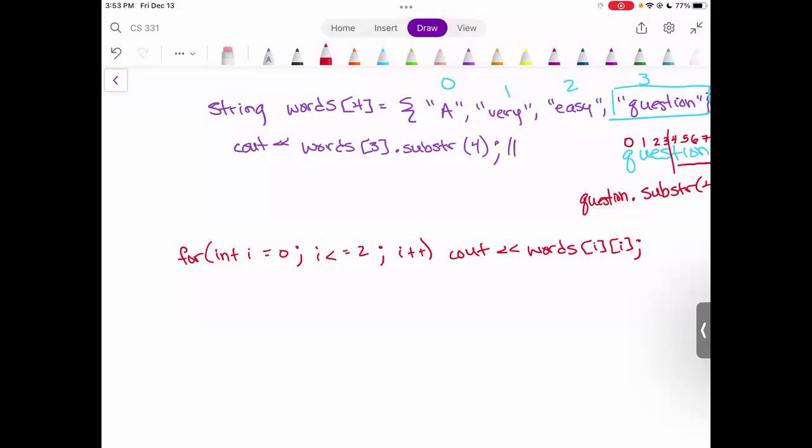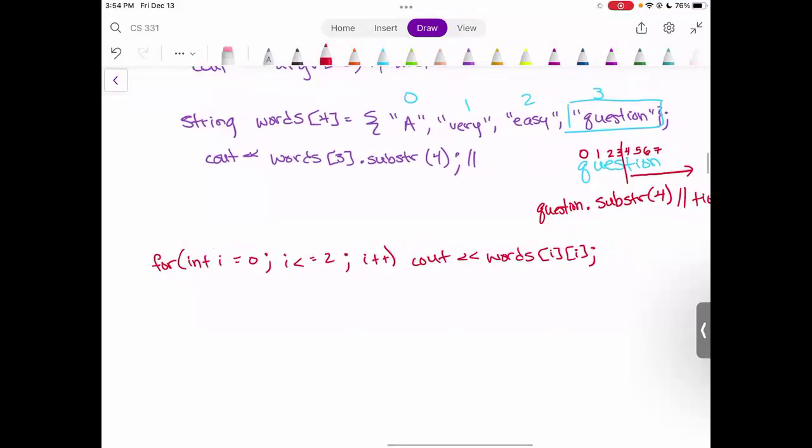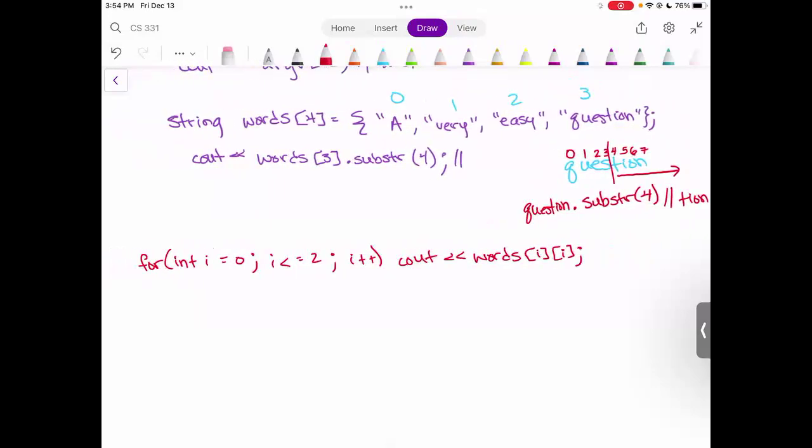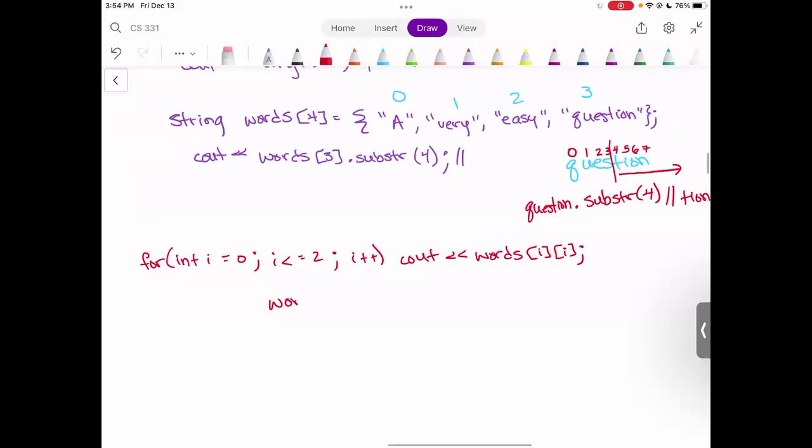So now that we have a loop going on, with words, we start at words of 0.